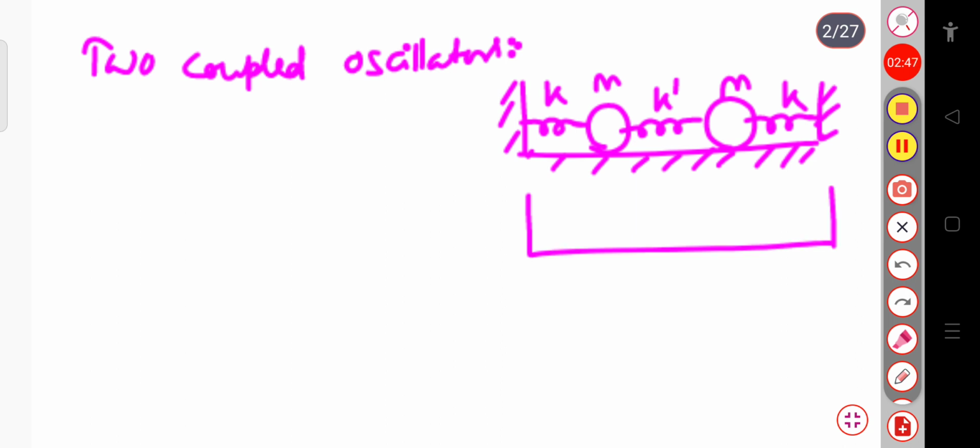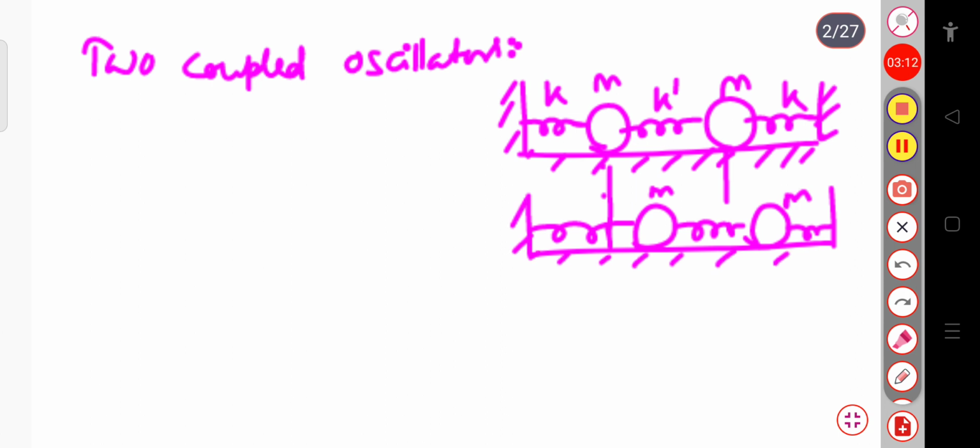Suppose the displacement of the first mass is x1, and for the second one, from the original position, the displacement is x2.